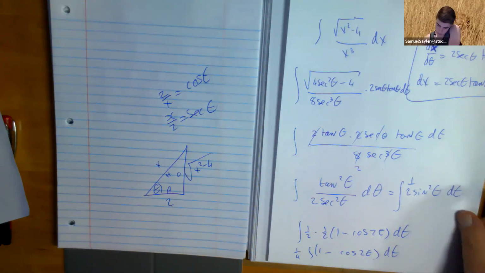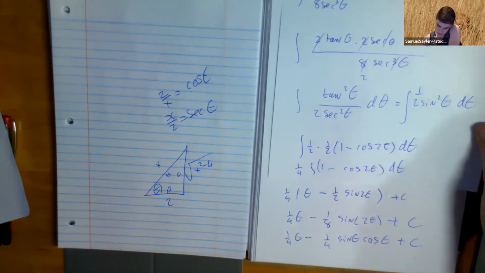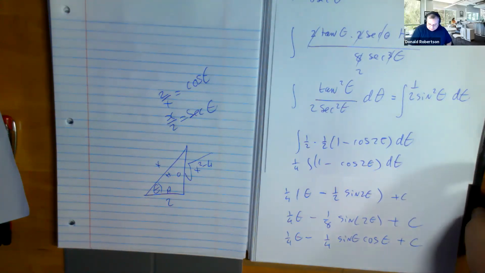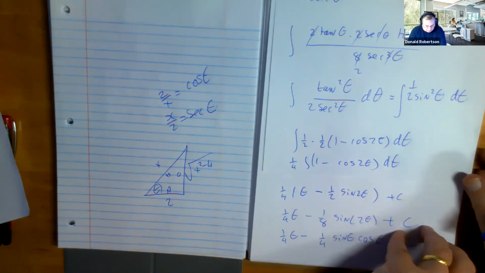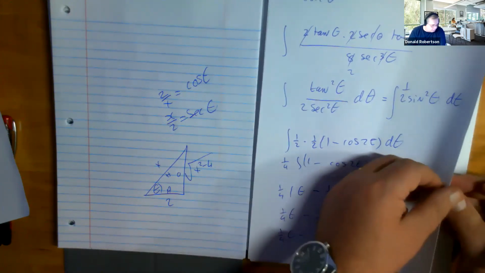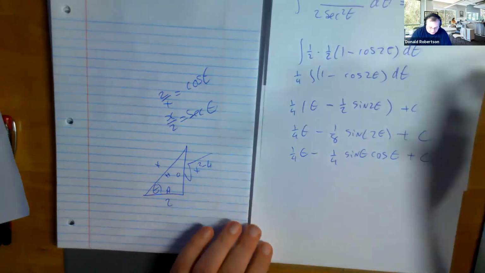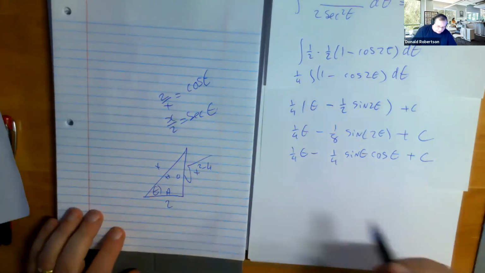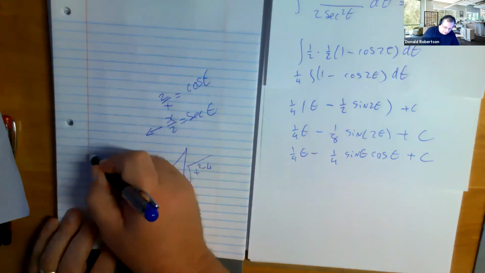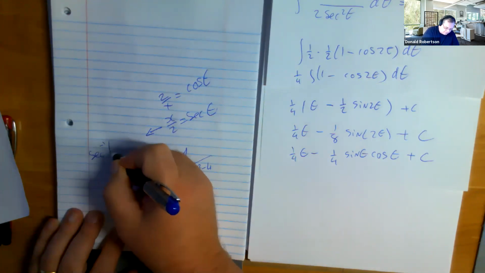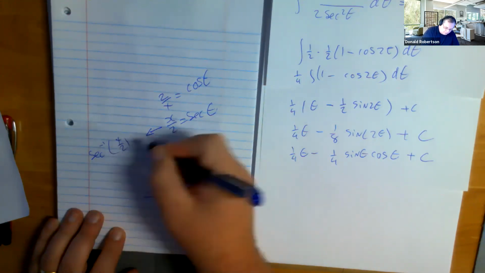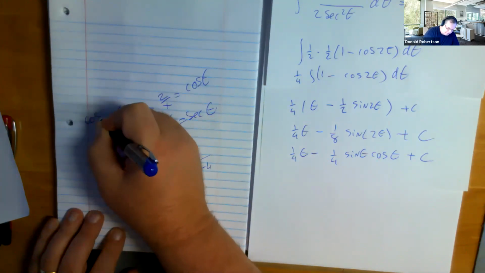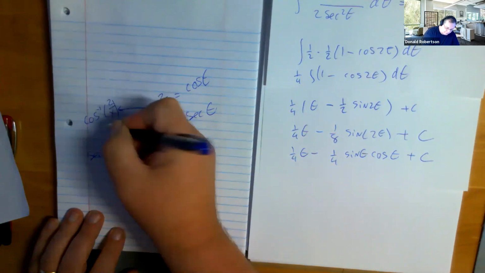So yeah, I got all the way up to there. Well, okay, I guess we should keep going then, because there's not much left to go astray. So let's see what we have. You can write theta in 2 different ways. If you use this thing, won't theta be the inverse secant of x over 2? But if you use this version, won't theta be the inverse cosine of 2 over x? They're both equivalent.